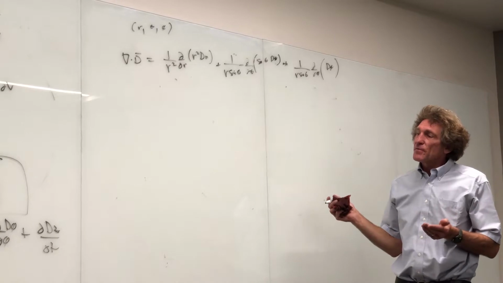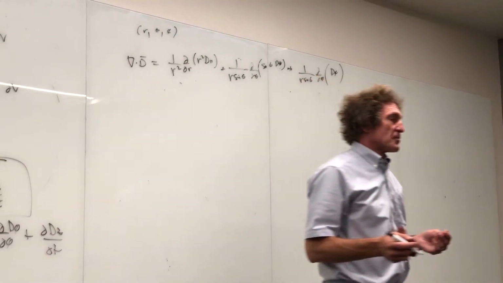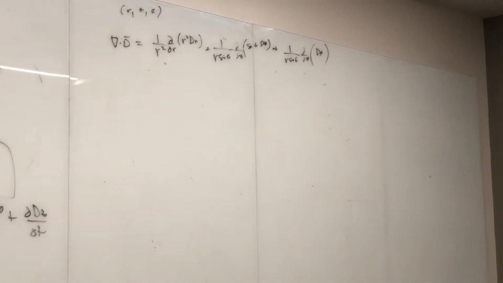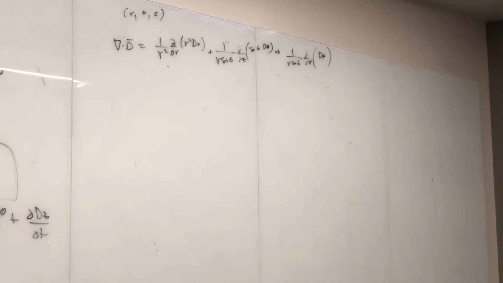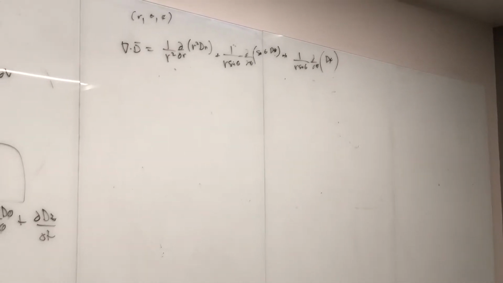So these are the differential operators. Now we'll do one problem in the book that relates to this. Let me just take a look. This is chapter 3. I don't spend much time on this because this is just a mathematical operation. It's a no-brainer.